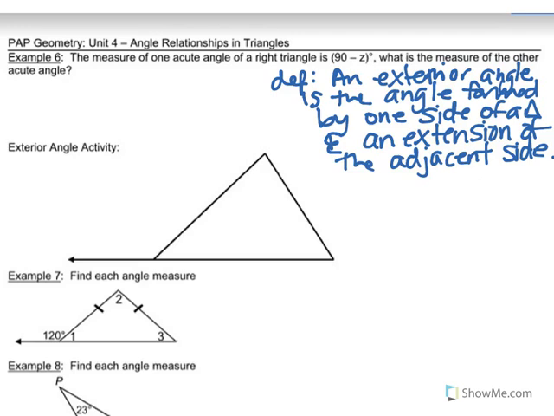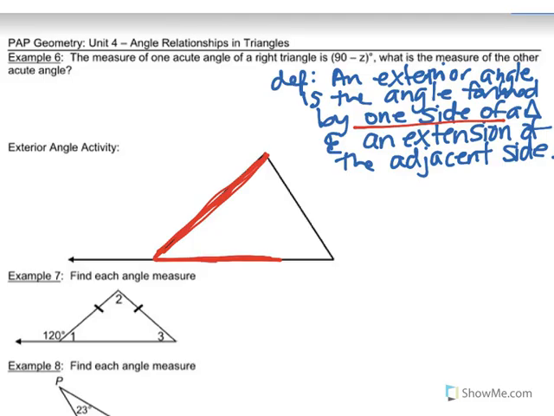Now that's a lot of words, but it might make a little more sense if we look at the picture. Okay, here's a triangle, and here's a side of the triangle. So an exterior angle is the angle formed by one side of a triangle. So here's my one side, and then an extension of the adjacent side. An adjacent side is one that's right next door.